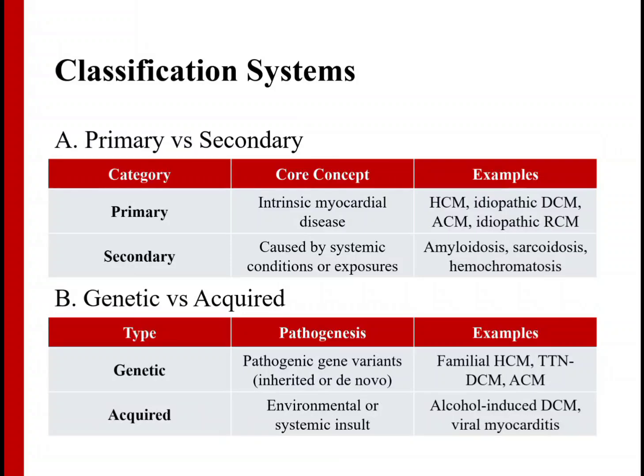On the flip side, some phenotypes are acquired, typically due to infections, toxins like alcohol or chemotherapy, or metabolic insults. This framework helps clinicians decide when to initiate genetic testing, when to screen relatives, and how to counsel patients on disease progression and recurrence.